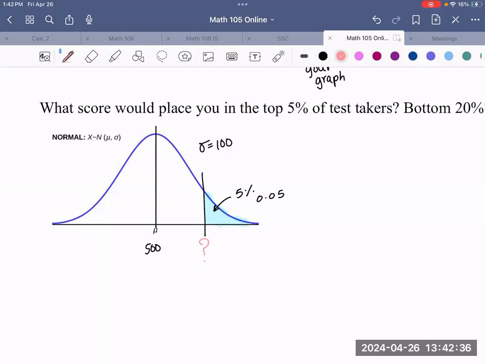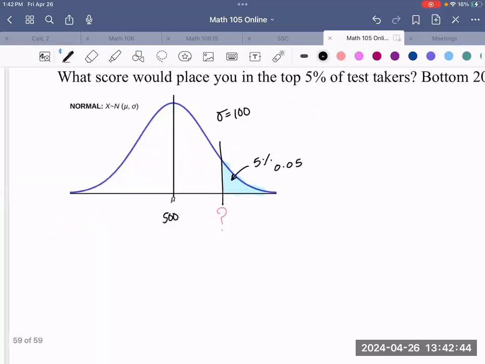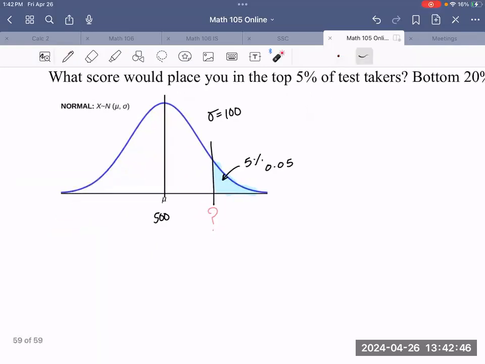Well, in that case, we're going to have to go in reverse. So instead, we have your probability. And how your probabilities work, we go from your 0 margin and we have to tick up to a certain value. So we need to figure out what percent do we have for the remaining portion of your graph?